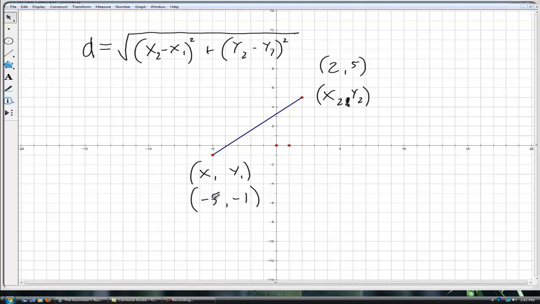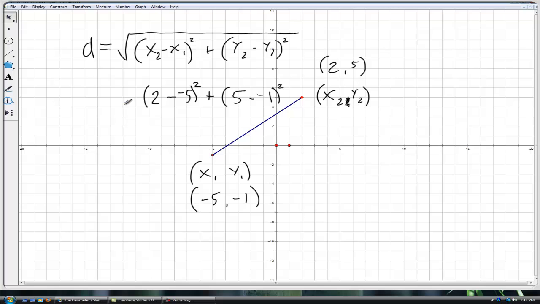And so then you could substitute -5 in for x1 right here. Subtract that from x2, which is +2. Square that quantity, add it with y2, which is 5. And then from 5 we will subtract -1.